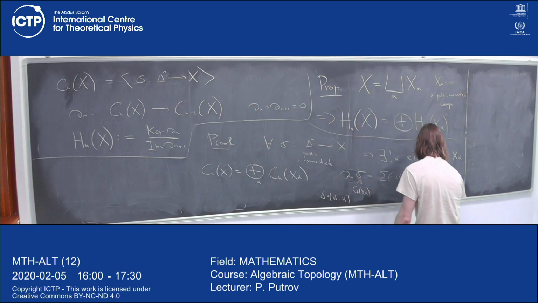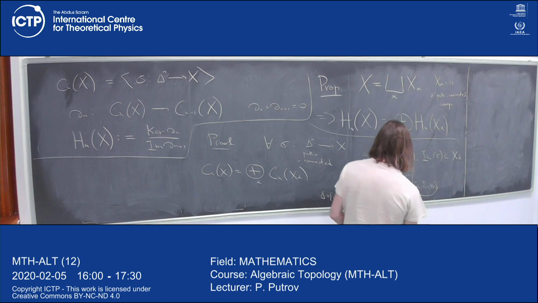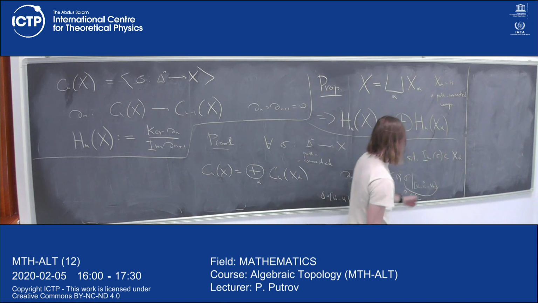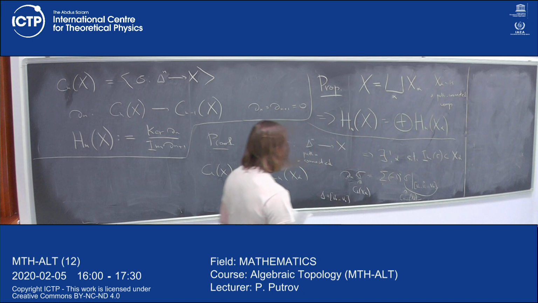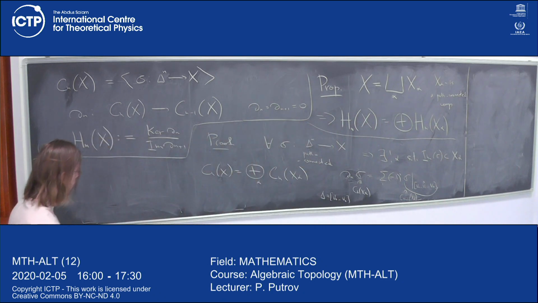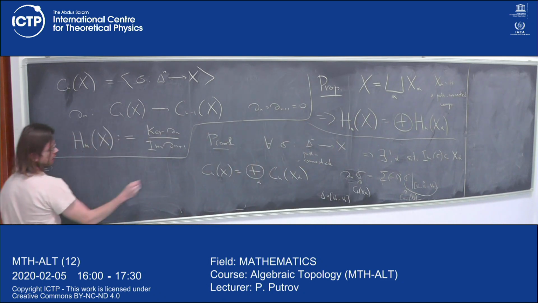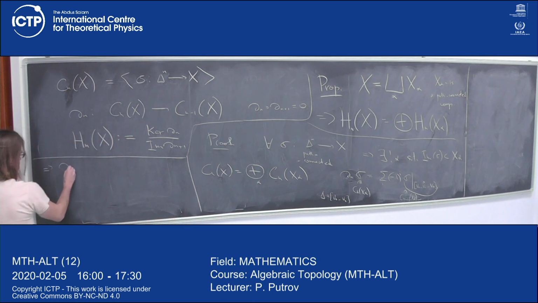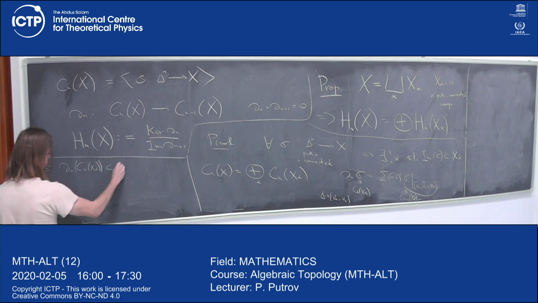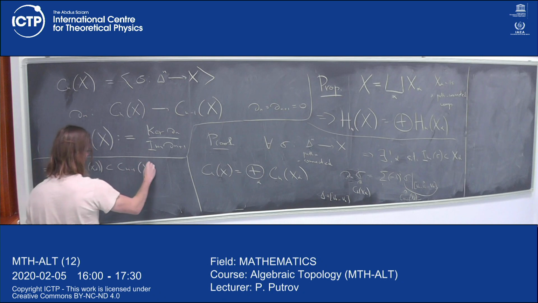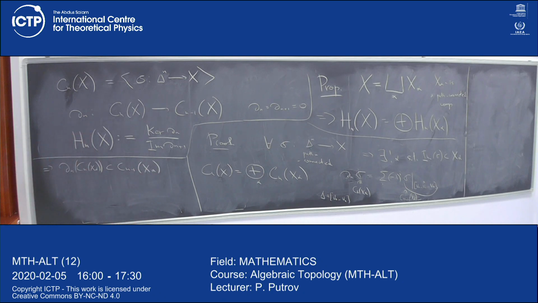So this belongs to Cn minus 1 of X alpha. Therefore, the image of the whole group is inside the direct sum of the Cn minus 1 of X alpha.